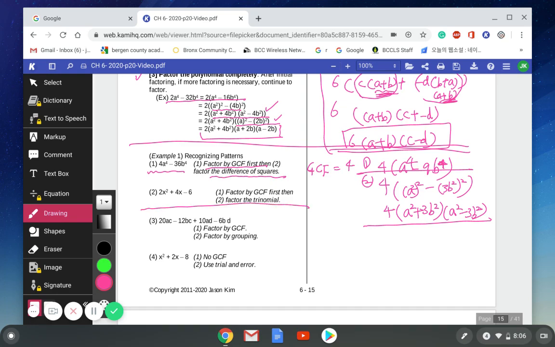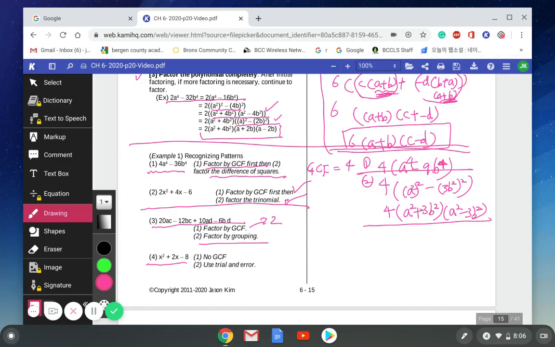How about the second one? How do you factor this? Can you see the patterns? Yes, there is a GCF of 2. So you take the GCF out and factor the trinomial. How about this? Yes, you have a GCF of 2, and then you factor by grouping.